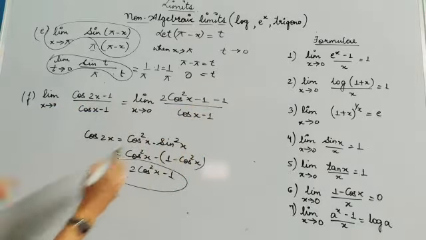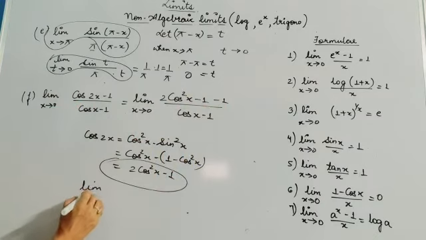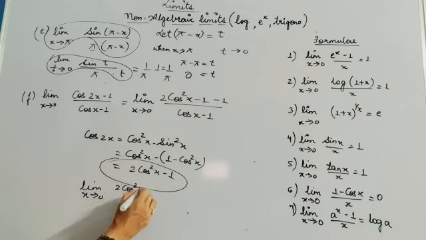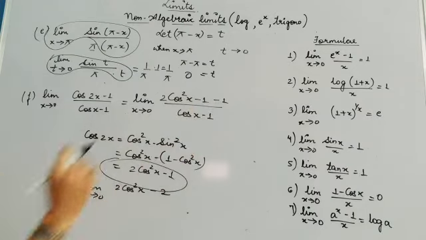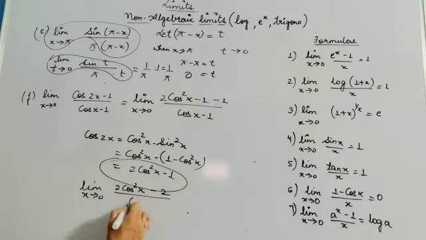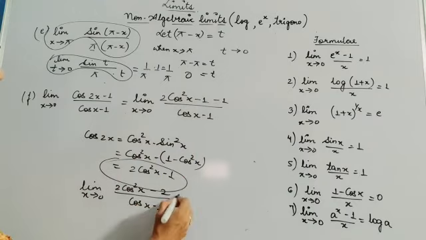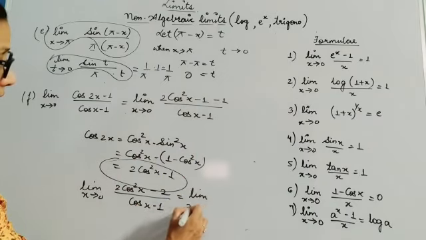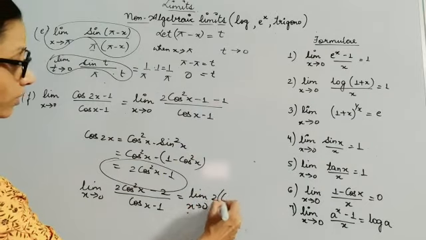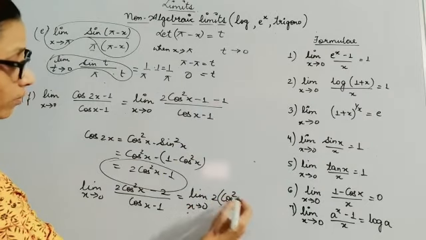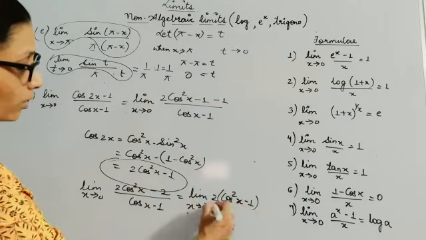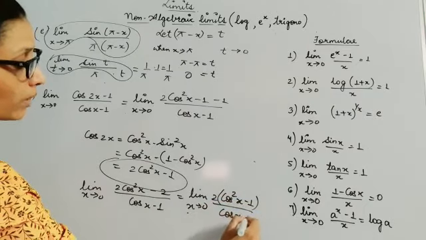Now again I can write it as limit x tends to 0 of 2 cos square x minus 2, since minus 1 and minus 1 will be minus 2, whole upon cos x minus 1. I can take 2 common, so I get 2 common, cos square x minus 1 whole upon cos x minus 1.